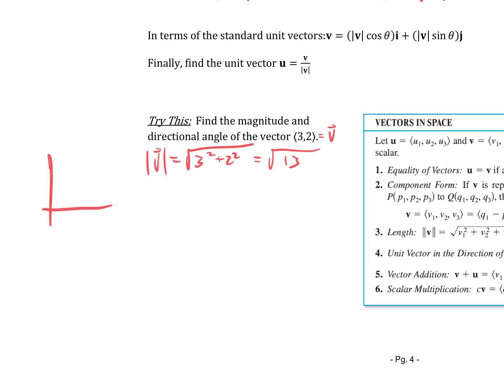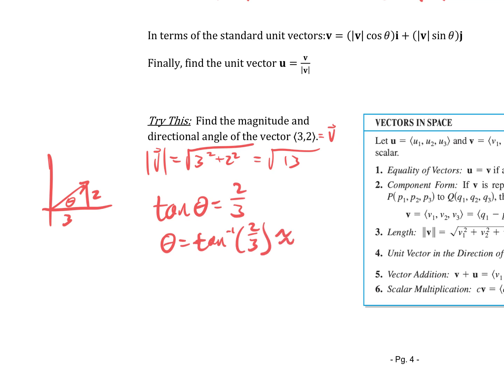We're going 3, 2 up here like this. Well, tangent is the key, right? Tangent of theta is 2 over 3. So theta is inverse tangent of 2 over 3, and that comes out to about 33.69 degrees.